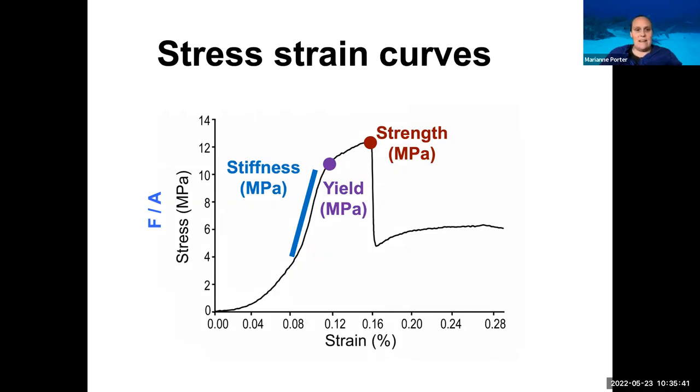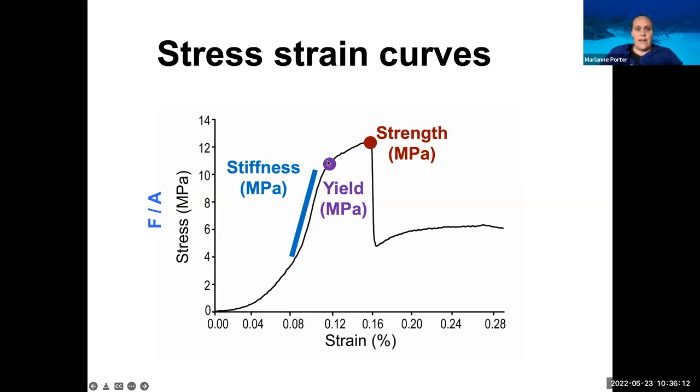So here's just an example of a stress strain curve from one of these mineralized cartilaginous vertebrae. And we have strain on the x-axis. We just talked quite a bit about that reference length, and then stress on the y-axis. And some of the things we'll be talking about today, we can measure stiffness, this linear region, and strength is where our material is going to break.